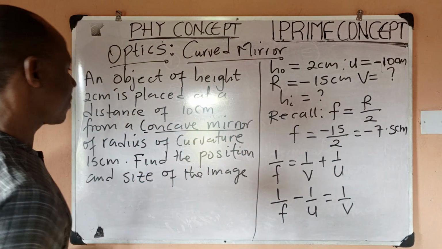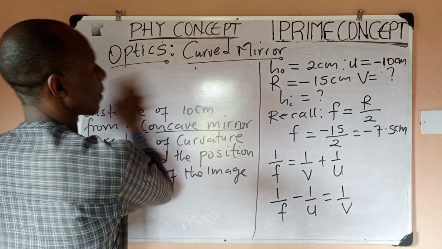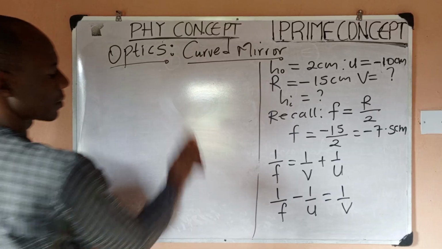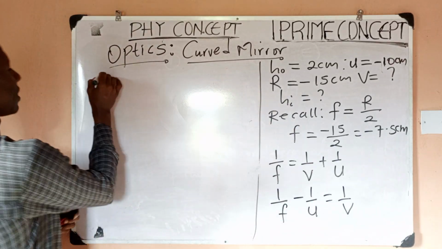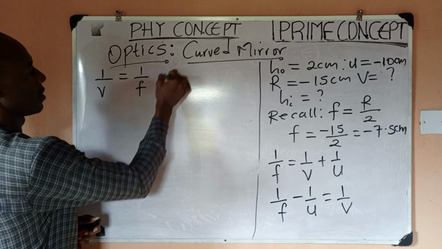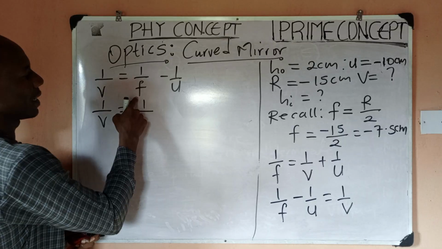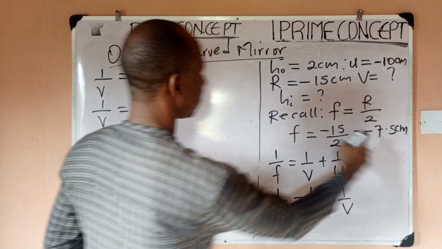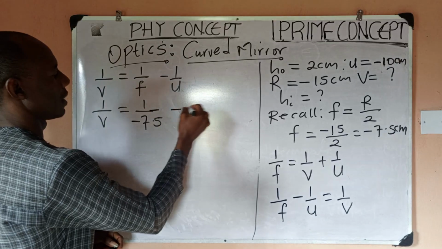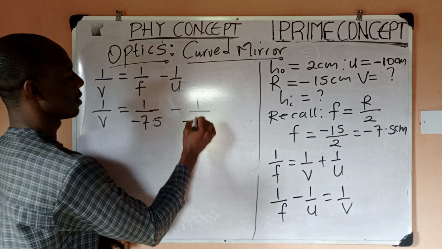So I can write this as 1 by V equals 1 by F minus 1 by U. My F is minus 7.5, and U is minus 10.